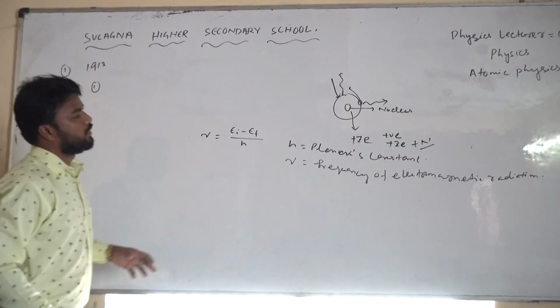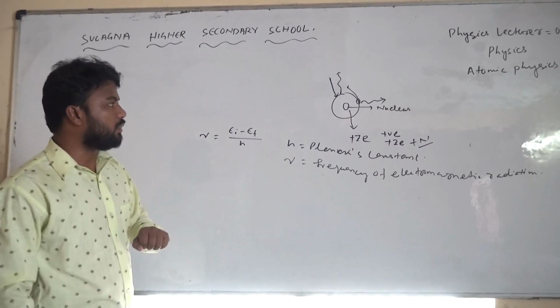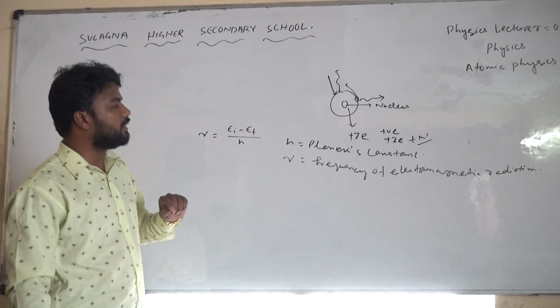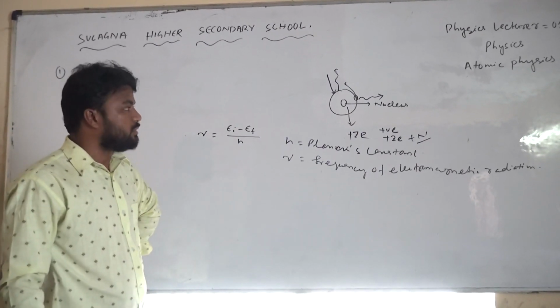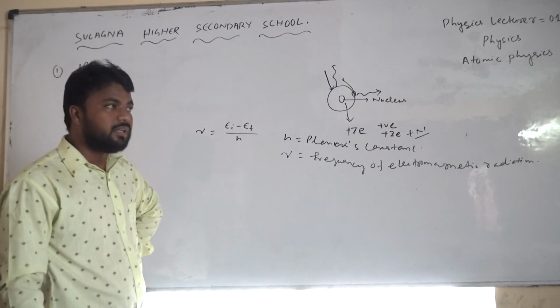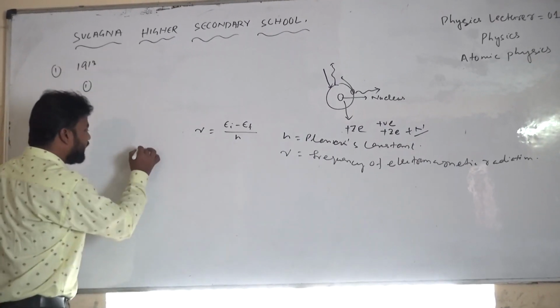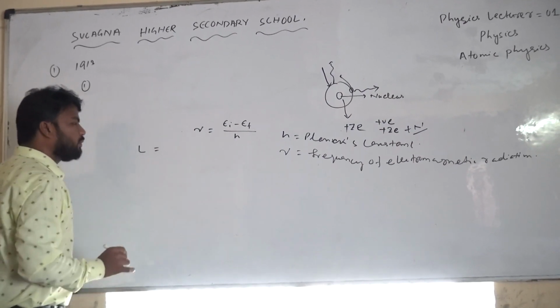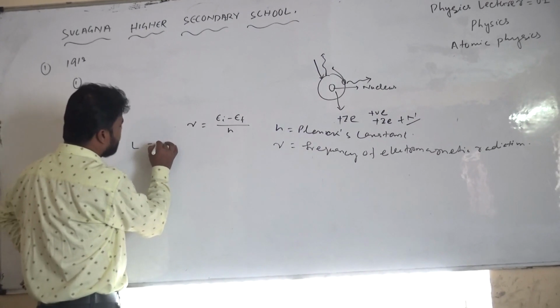So Bohr suggests that when an electron is revolving around the nucleus in a permitted stationary orbit, the total orbital angular momentum L is an integral multiple of h by 2 pi.